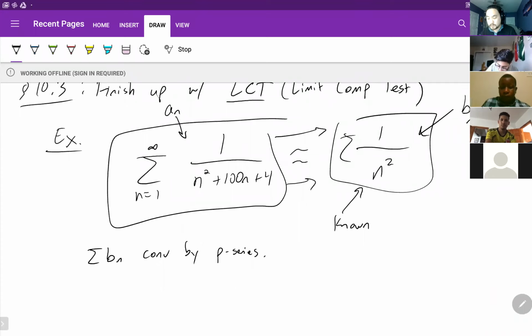If something is convergent and I'm trying to use DCT, then what needs to be true for A sub n, the relationship between B sub n and A sub n? If B sub n is convergent, then A sub n is also convergent since B sub n is greater than A sub n. We want B sub n to be greater than A sub n.